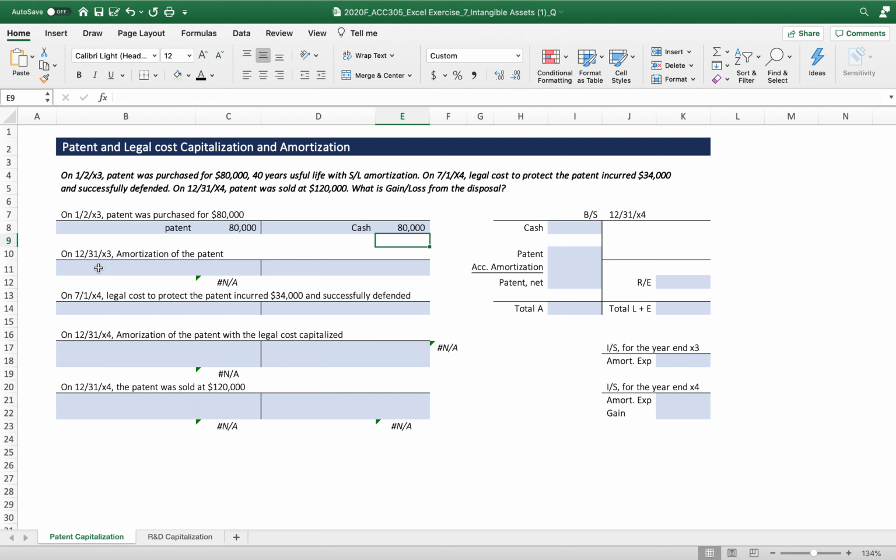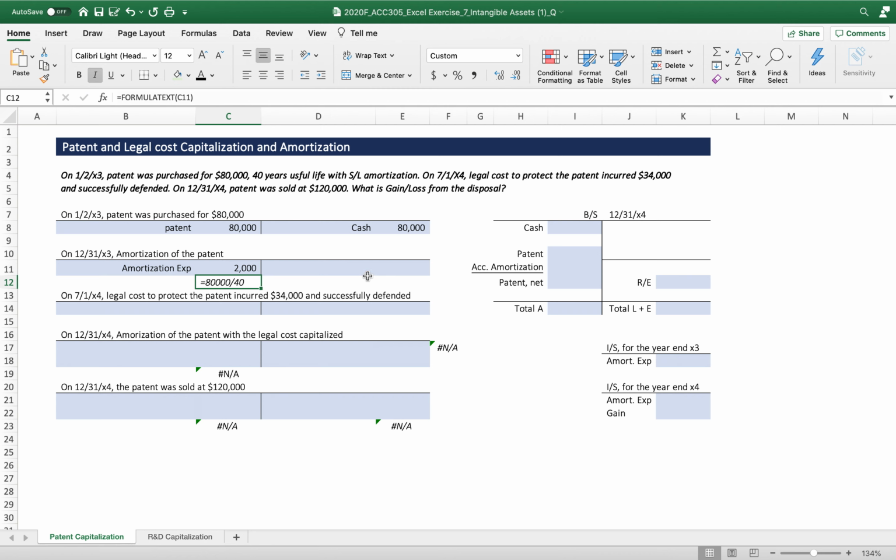Then 1 year later, amortization of the patent that has a 40-year useful life. Once 1 year has passed, we put amortization expense on the income statement. How much is that? Just straight-line, 80,000 divided by 40.